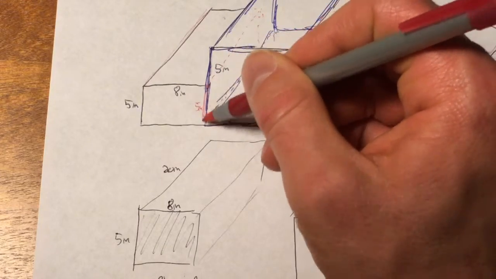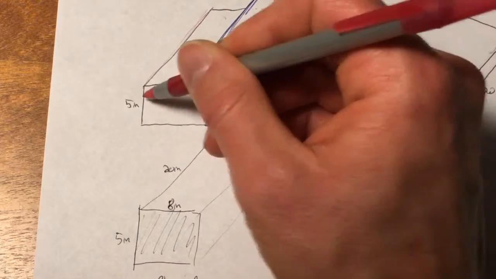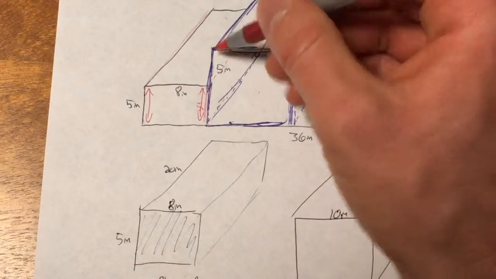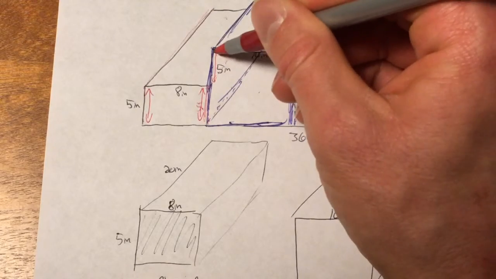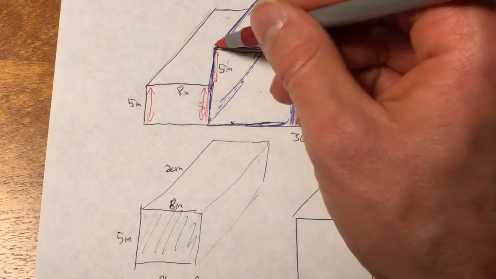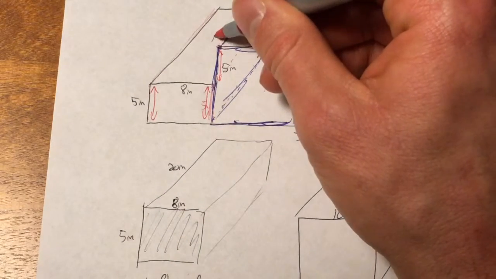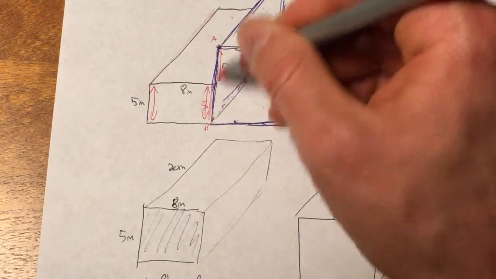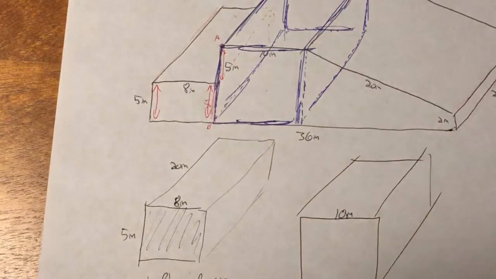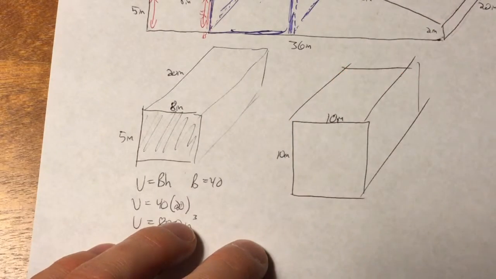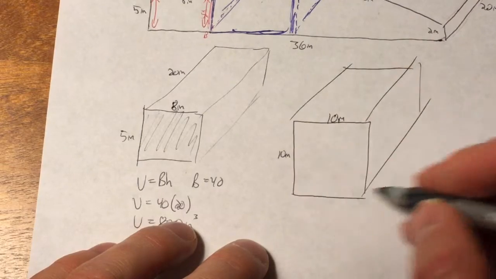So this is 5, but then they're also saying that this is 5. So from point A to point B, from here to here, that's 10 inches. So that's a square then.